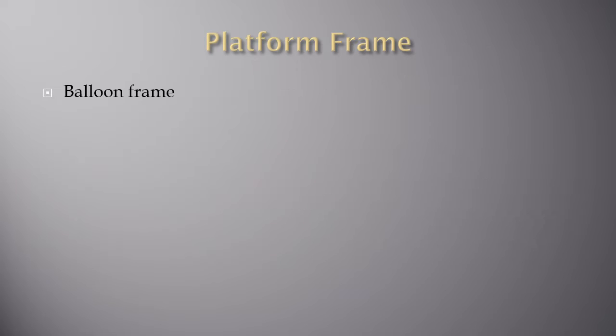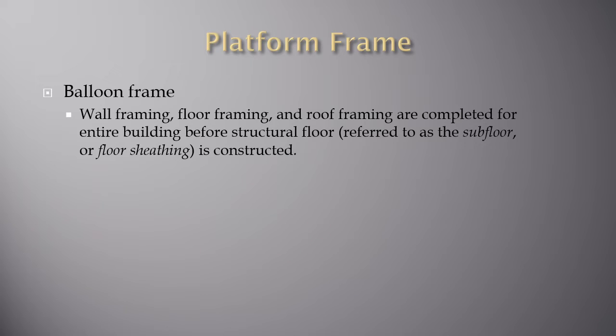Now, in the balloon frame, the floor, the roof, and the wall framing are completed for the entire building before the structural floor, which is referred to as the subfloor or floor sheathing, is constructed.